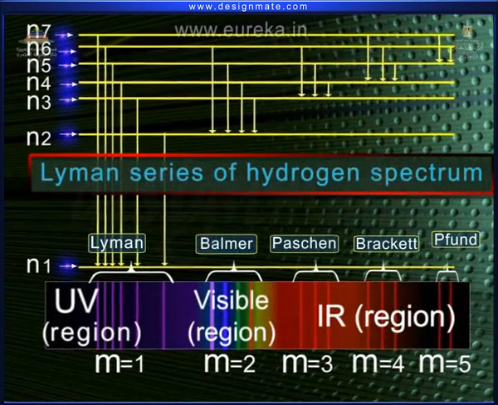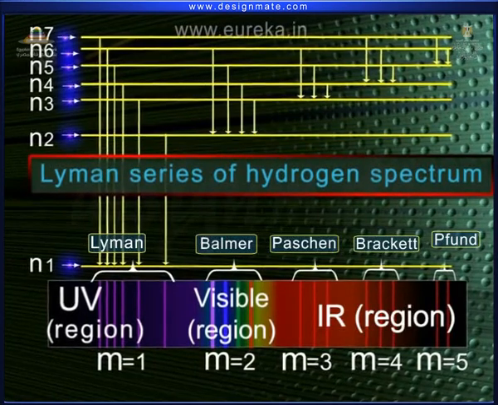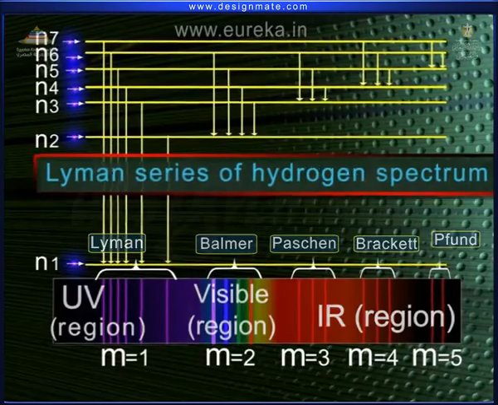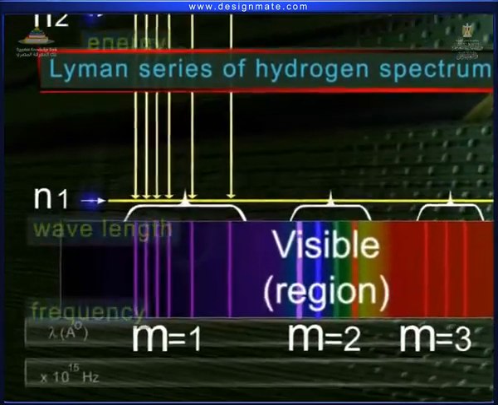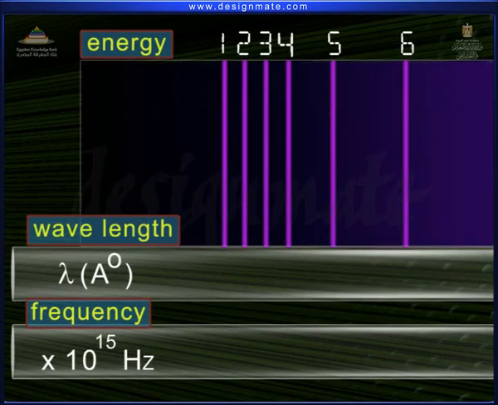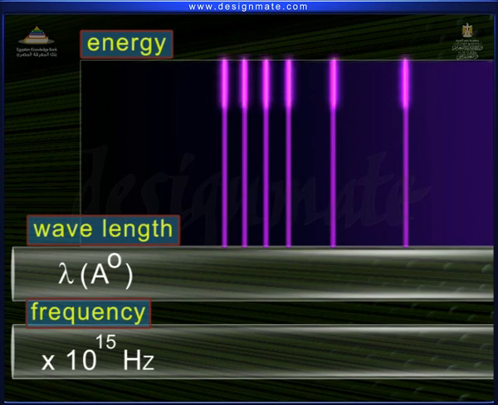Lyman series of hydrogen spectrum. The ultraviolet region of hydrogen spectrum contains about 6 lines. The frequency of radiation of this region, their wavelengths, and the energy of corresponding photons are given in the table.